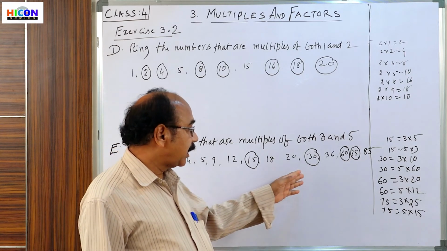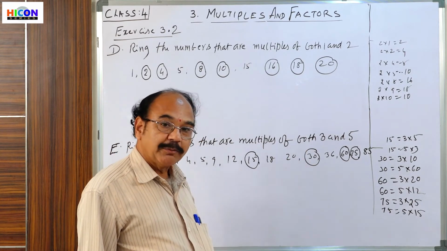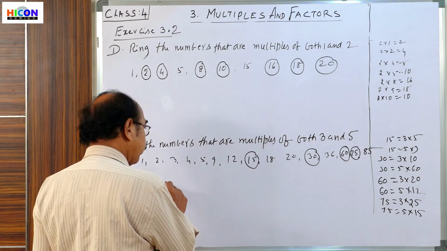These numbers are divisible by 3 and 5. So here what do we write?